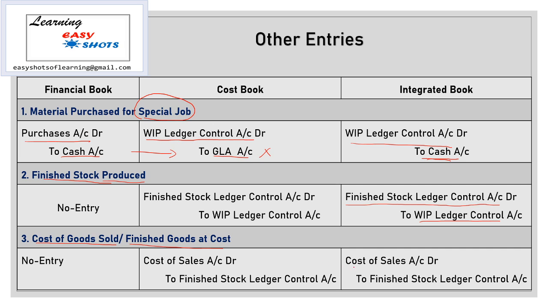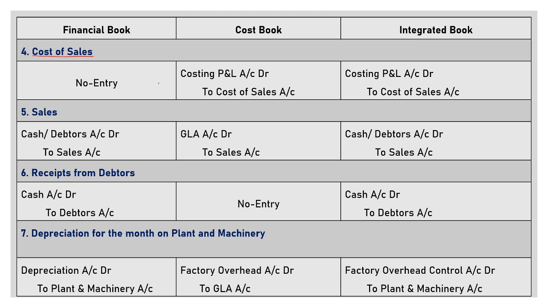So here our entry is cost of sales account debit to finished stock ledger control account. And our last transaction, which is cost of sales, where we transfer the goods from cost of sales to costing P&L. Our entry in cost books and integrated books is costing P&L account is debited and cost of sales is credited because credit what goes out.